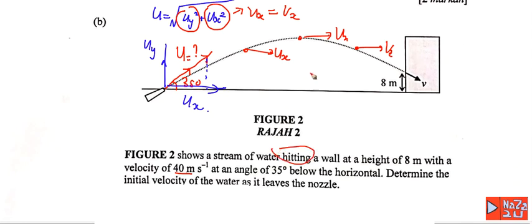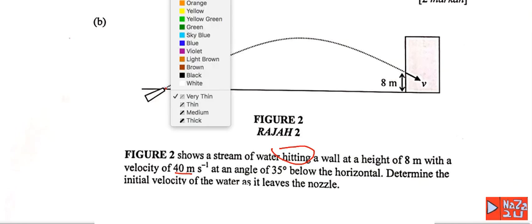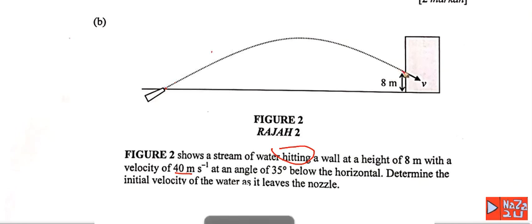In the diagram, v here is equal to 40 meter per second, and here we have vx and here we have vy.